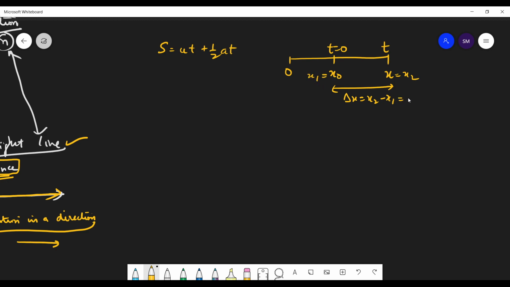So it will be x minus x naught. Yes? Yes, sir. So put the values here. x minus x naught is equal to ut plus half at square. So we replace in all these equations with this. And if you are directly writing x here, then I am assuming that you are starting from origin.